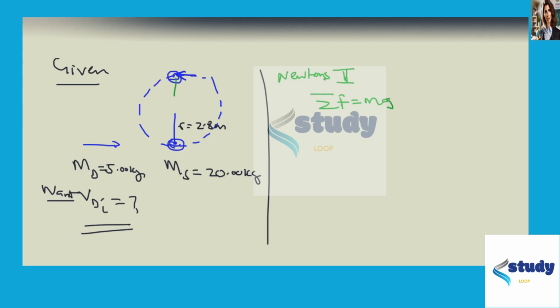At the top right here, there's a centripetal force, Fc, that's responsible for balancing out the weight. So the ball is trying to move that way, but the centripetal force is pulling it that way. And so Fc equals mg.